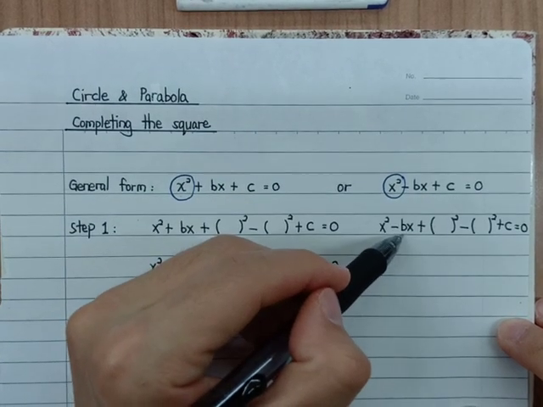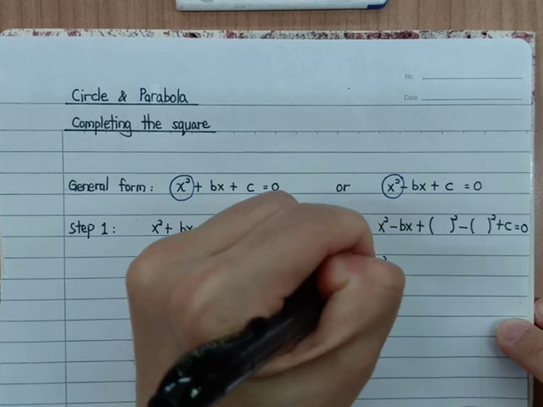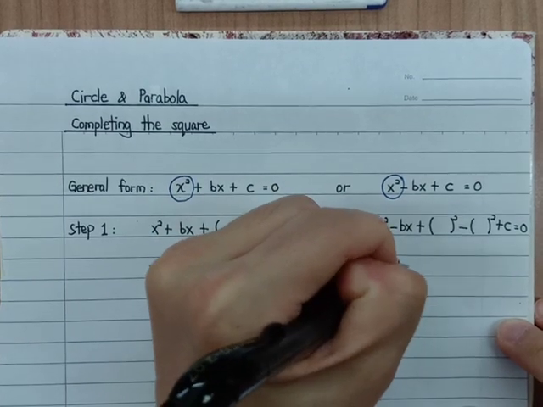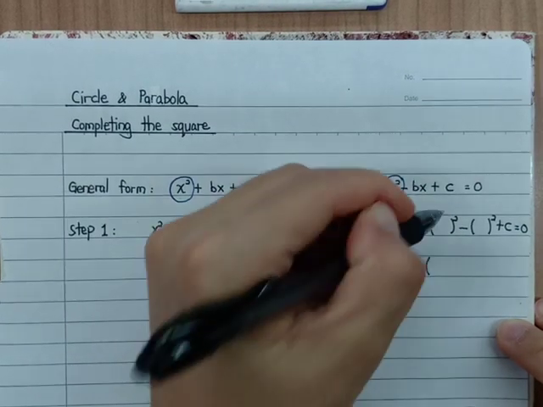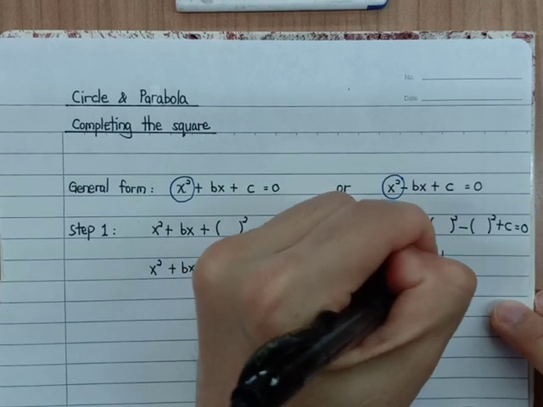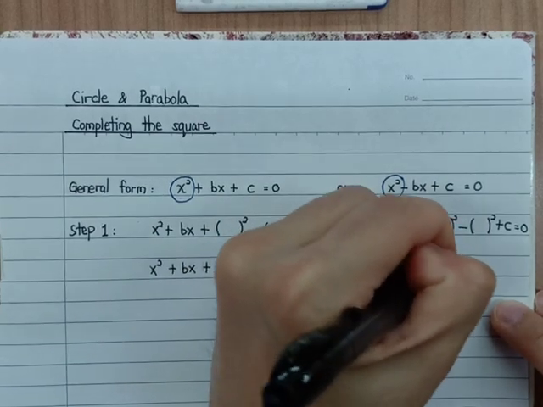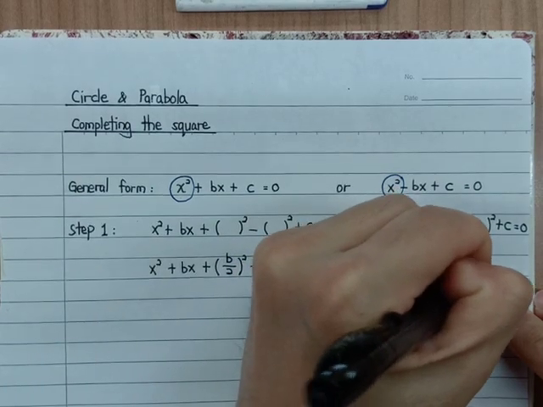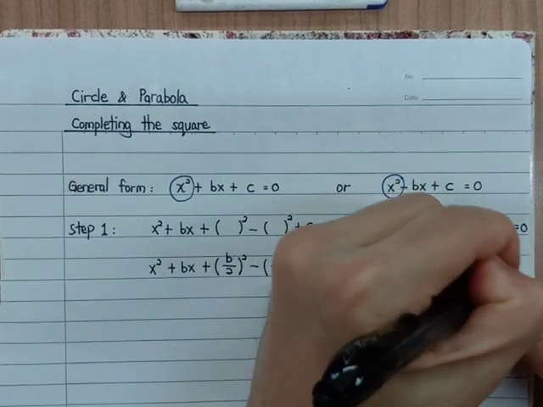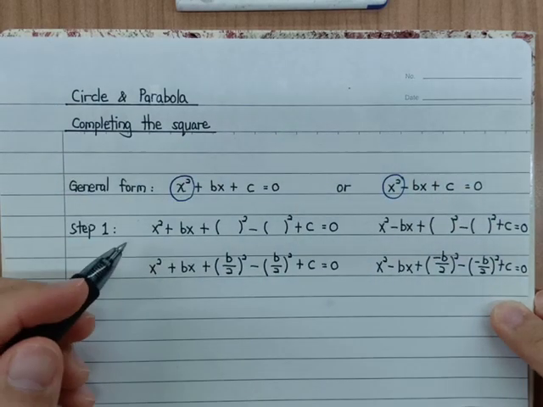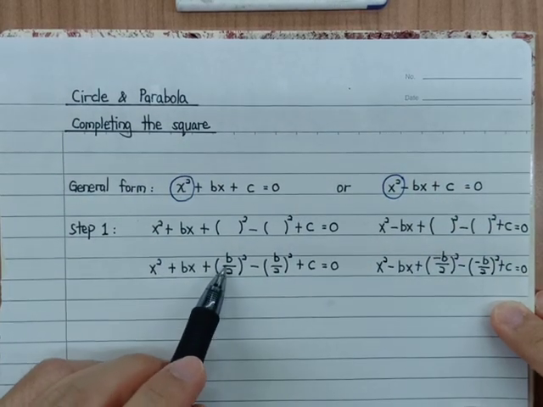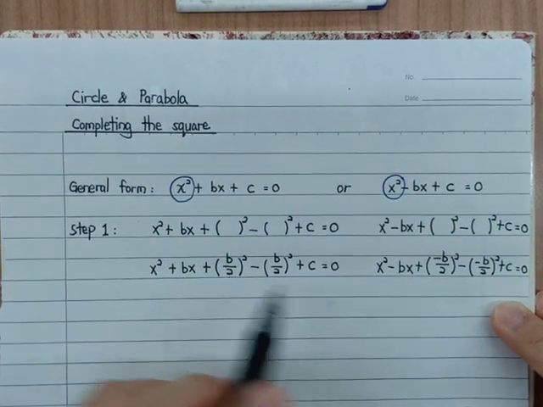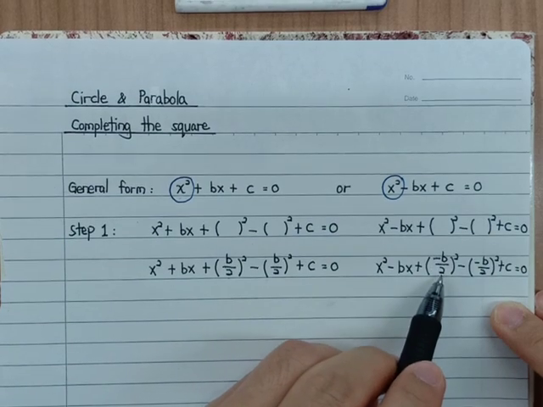So what I am going to substitute here is, in the bracket, negative b over 2 squared minus negative b over 2 squared plus c is equal to 0. So that's the difference. One is positive b over 2. Another one is negative b over 2.